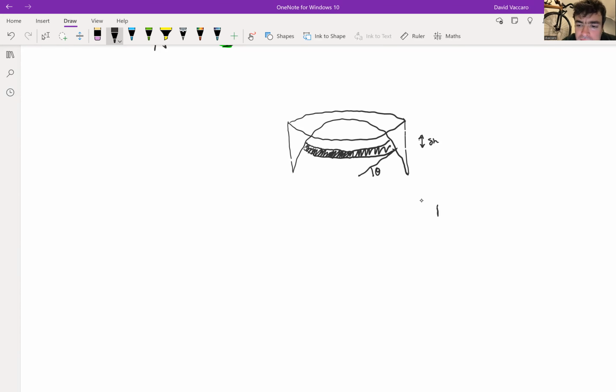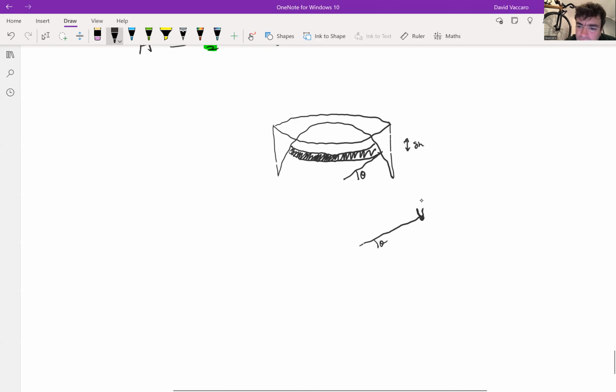So we've got a slice of height h. This angle is theta. The crust is like tangent to the circle, so it's at 90 degrees to the radius. So this angle is 90. This angle here is 90 minus theta. So this angle in here is theta.